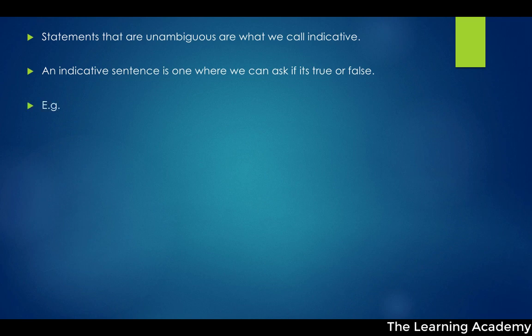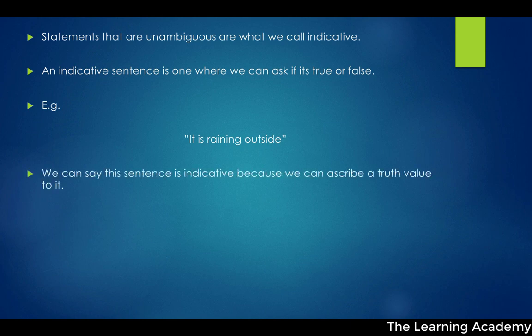So for example, the sentence, "It is raining outside," or the statement, "It is raining outside." You could really interchange sentence and statement. All statements are sentences, but not necessarily all sentences are statements. But this is a statement. Now, for me, at this particular time, this statement is false. It's not raining where I am.